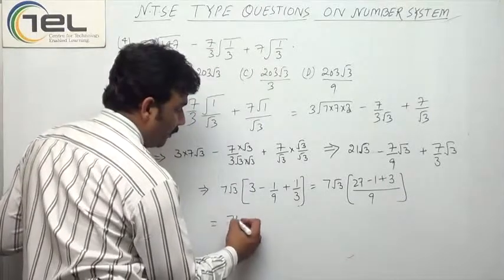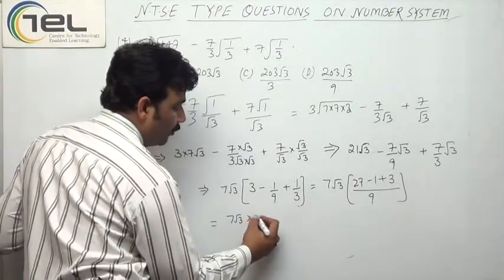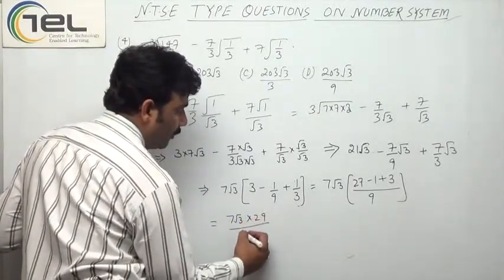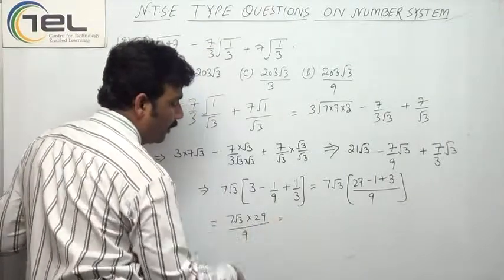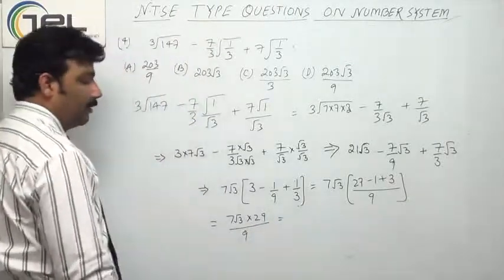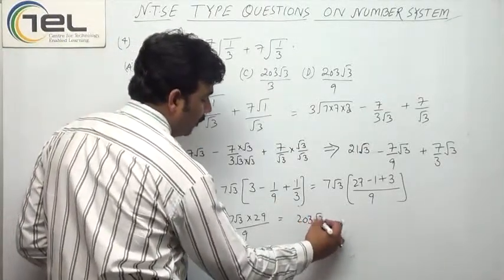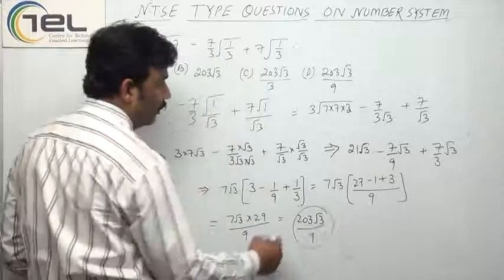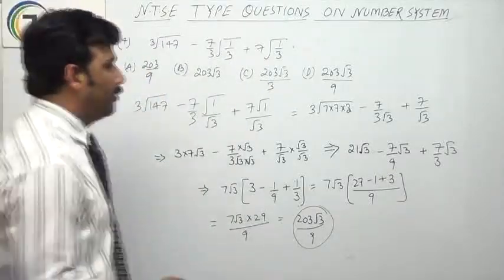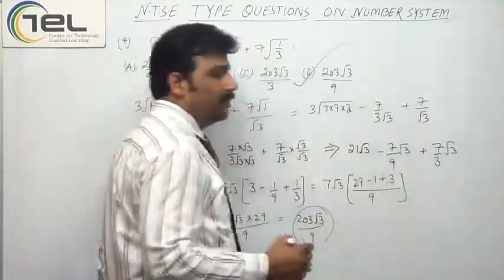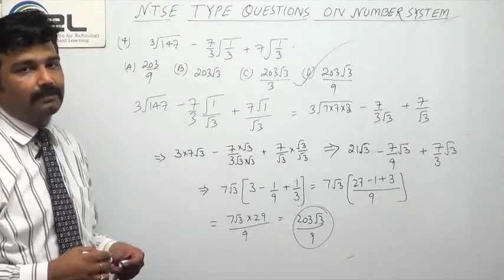So it will be 7 root 3 into 29 over 9, and 29 into 7 will be 203 root 3 by 9. So 203 root 3 by 9, option D is the right pick for this answer.